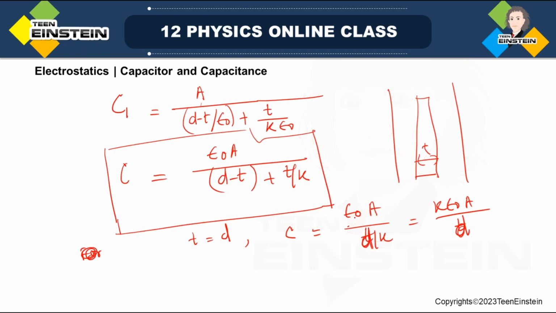Suppose the space between the plates is filled with conducting material. In the case of conducting material, K is infinite. For a conducting slab, K is infinite, meaning T by infinite, so this term will go away.